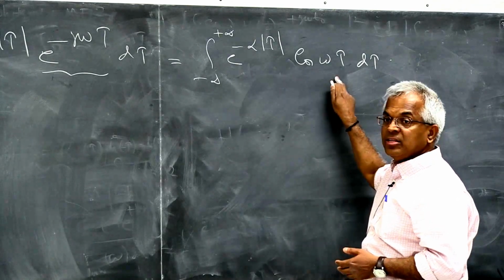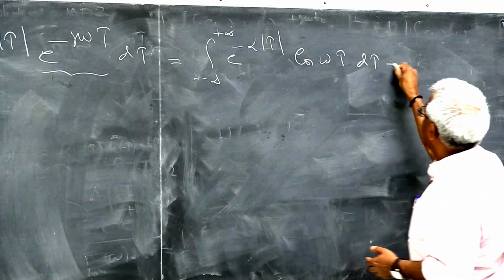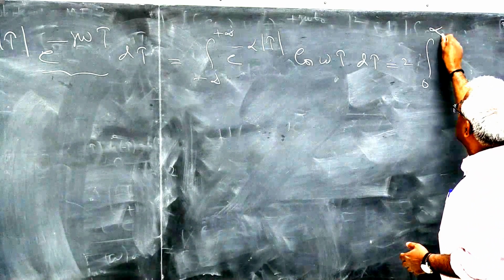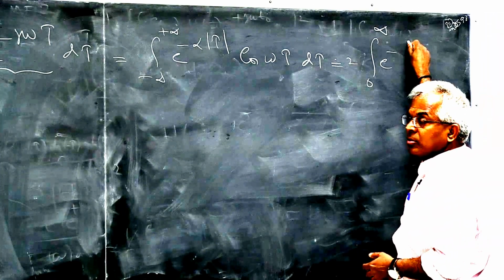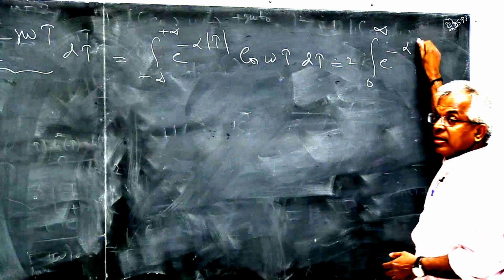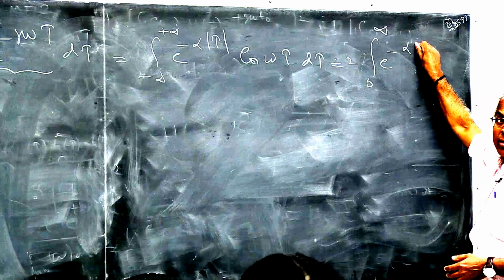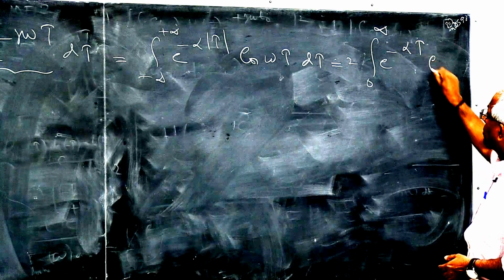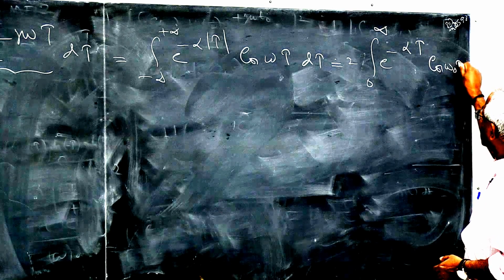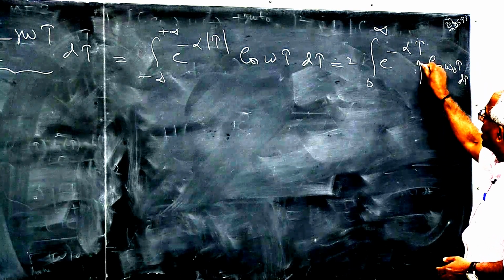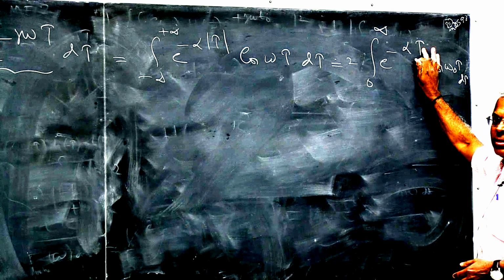Now this whole thing is even, right? So I don't have to integrate this over the whole range. Is this true? Yes. So what do I write here? Why didn't I put the absolute value here? Anybody?